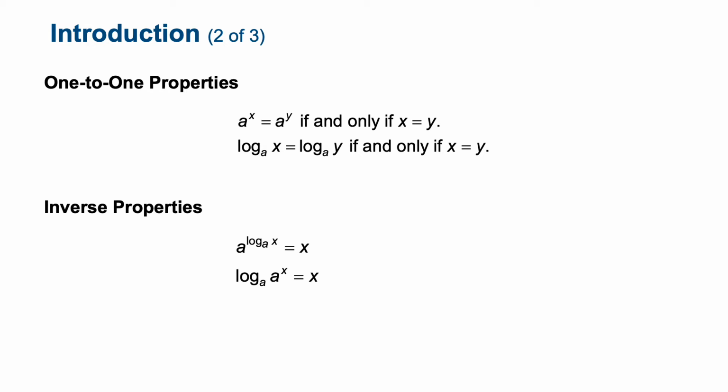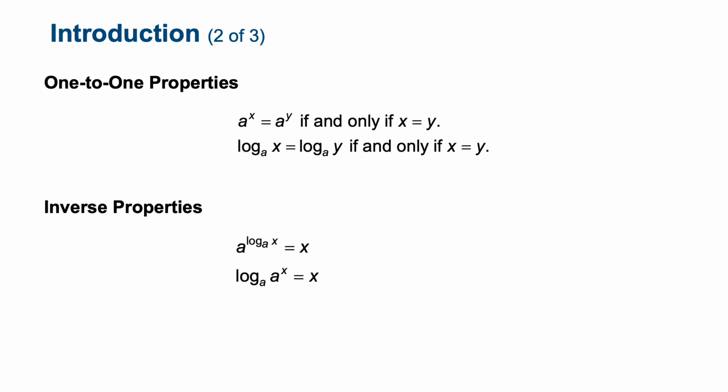The other inverse is if you take log base a of a raised to an exponent: the argument and the base are the same, so this cancels out, and you're left with whatever the exponent is.